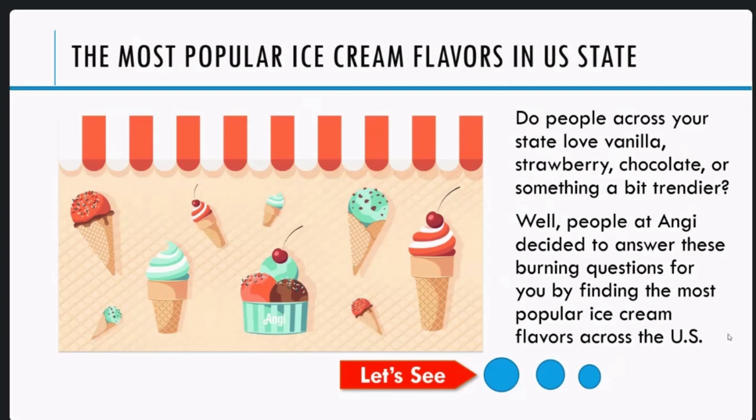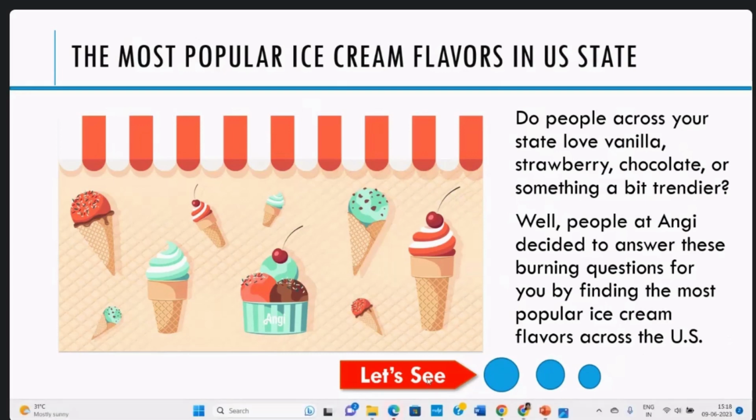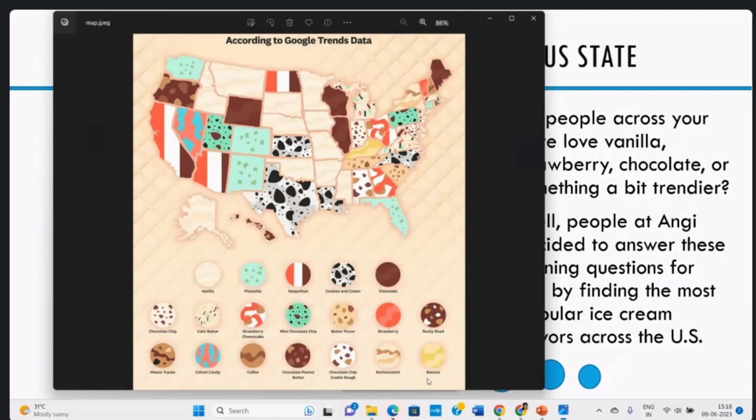Well, these people at ANGI decided to answer this burning question for us by finding the most popular ice cream flavors across the states of America. So let's see what they have found. You can see this picture.